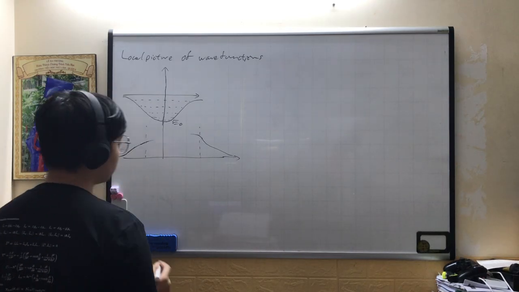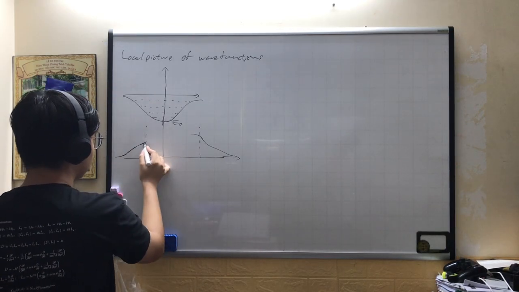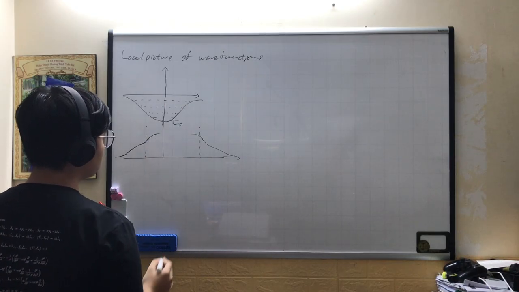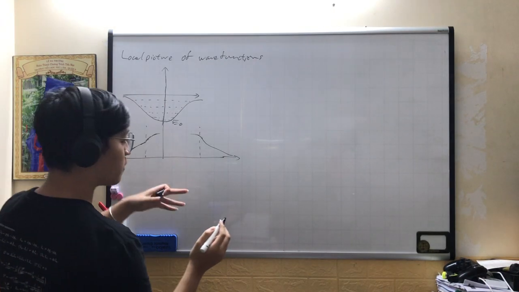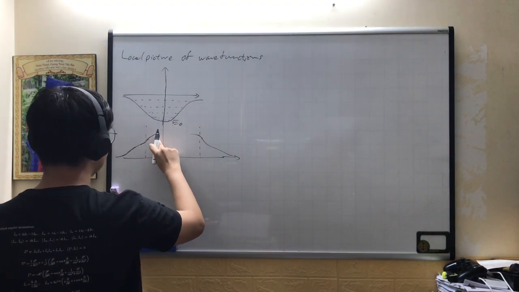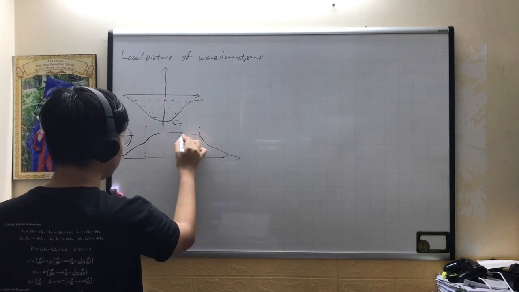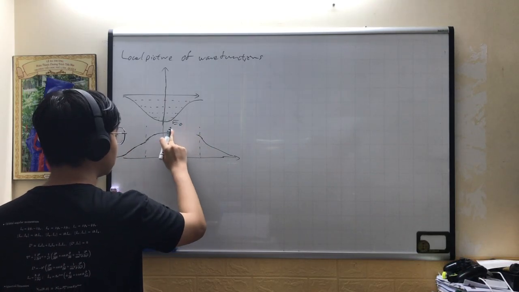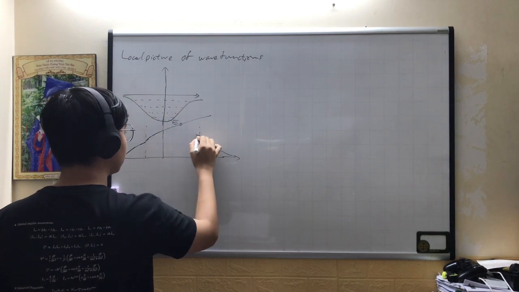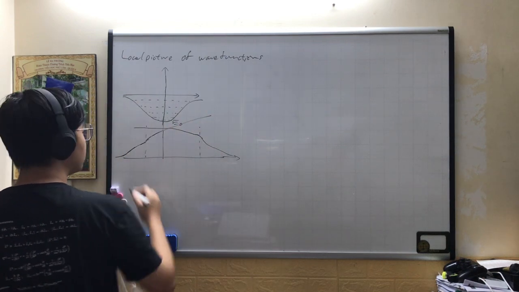Now, this should meet up here. Suppose this turning force is not strong enough, and instead of meeting like that, it's gonna go straight up and doesn't meet at all.